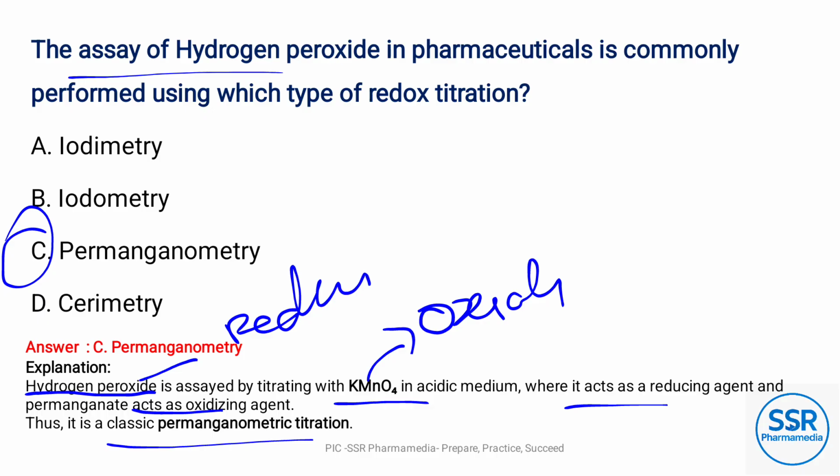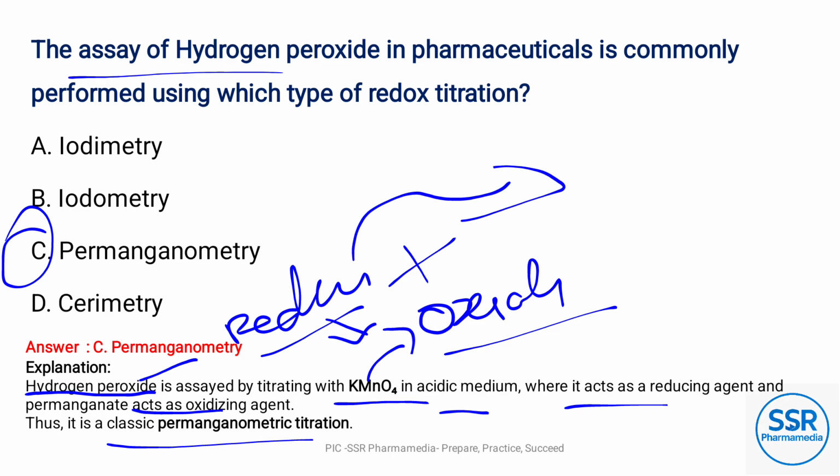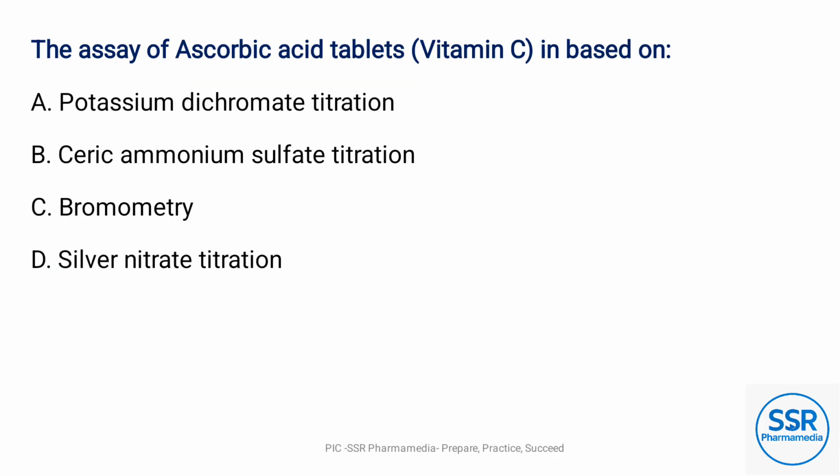So for redox titration we require a reducing agent and an oxidizing agent. They react with each other in acidic medium and we get the endpoint. The reducing agent undergoes oxidation, the oxidizing agent undergoes reduction, and they form products or salts.